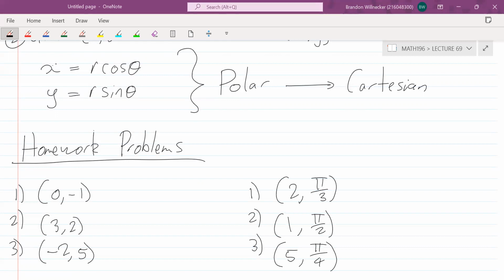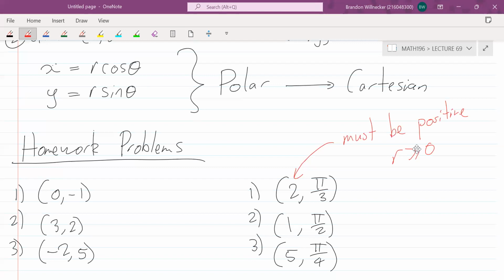Okay, so just a note with the polar. Remember, r is a radial distance. So since it's a distance, this first part must always be positive. So that's always a check that you need to make. Must be positive because r is greater than or equal to 0. Right?